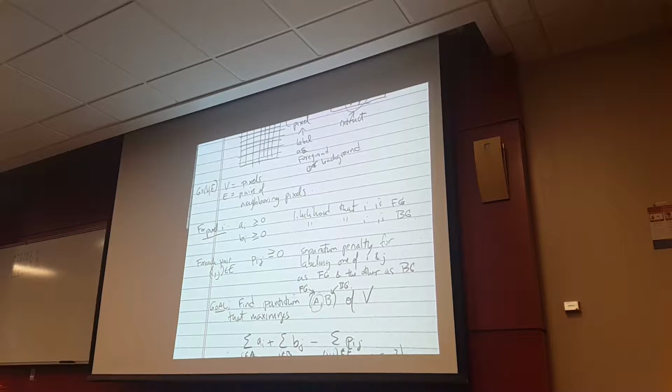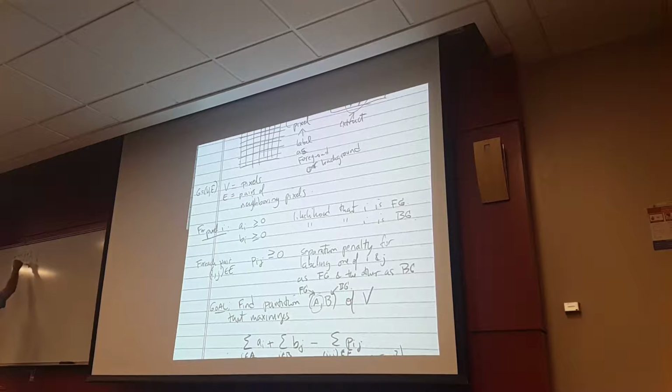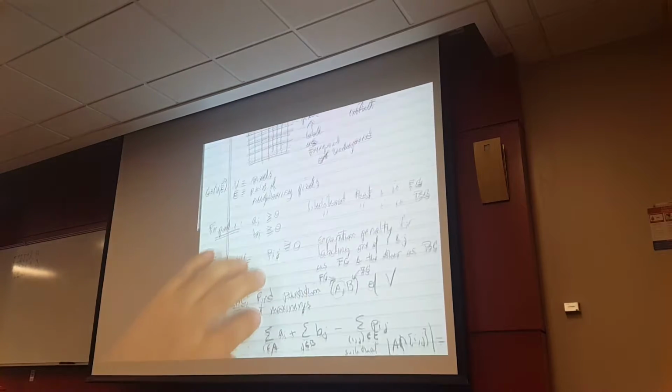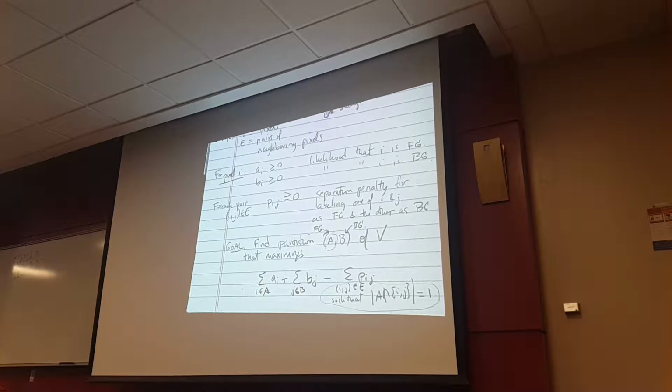Then for each pair, I've got a separation penalty. That's the cost you assign to splitting up two neighboring pixels, one being foreground and one being background. I need to assign a cost to the separation, and I know the way I wrote it was probably not the nicest, so let me go over this part again.